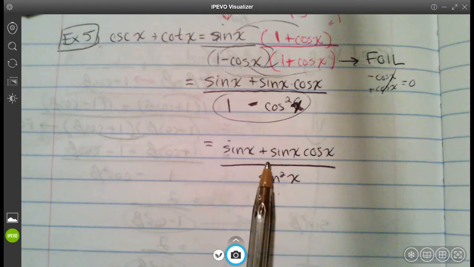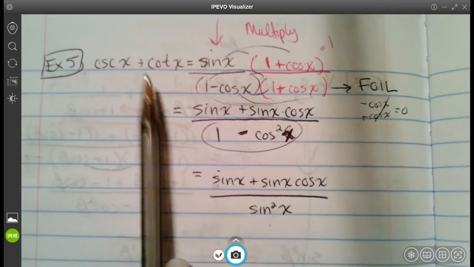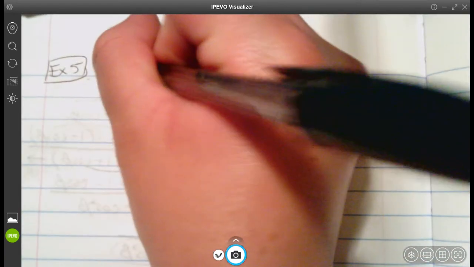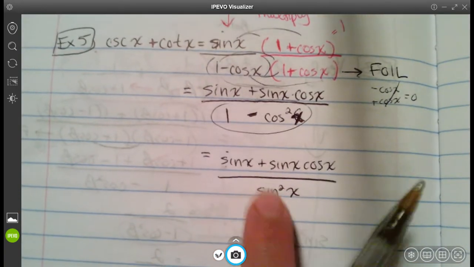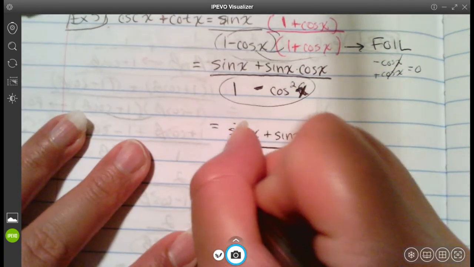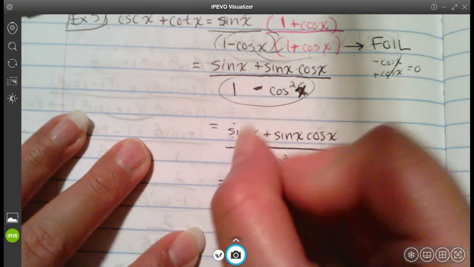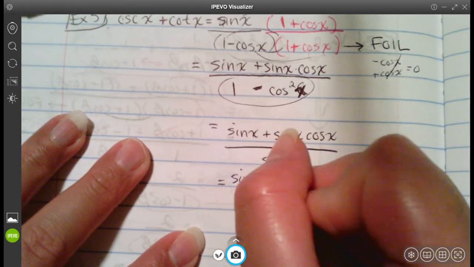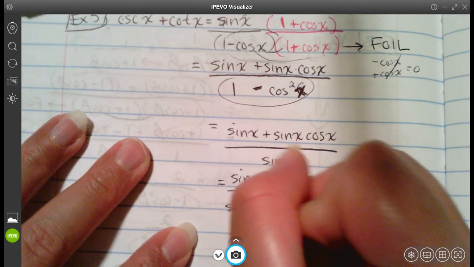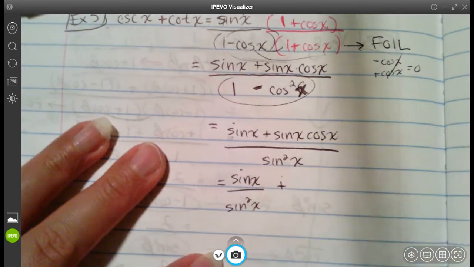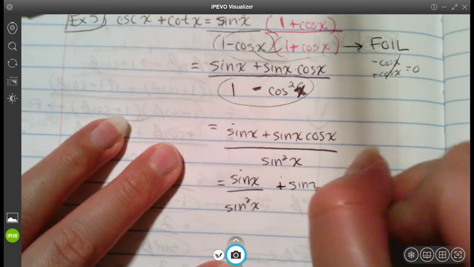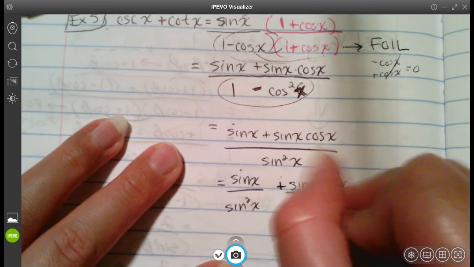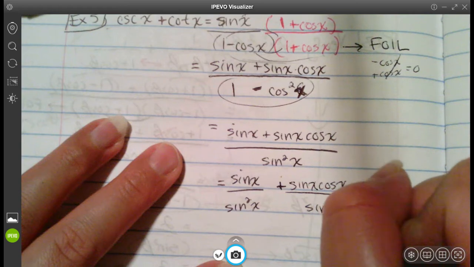If we look at what we're trying to match, you have two terms: cosecant x and cotangent x. So I have to somehow get two terms out of this fraction. What am I going to do? I'm going to break it apart. I'm going to put sine x over sine square x plus sine of x cosine x over sine square x.